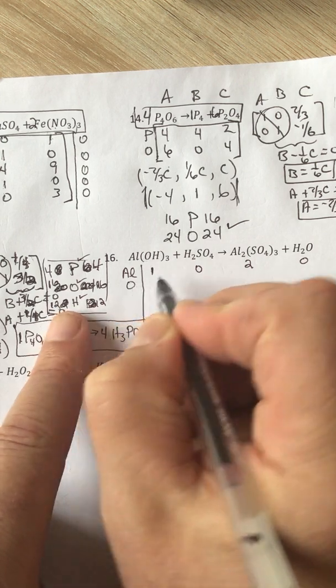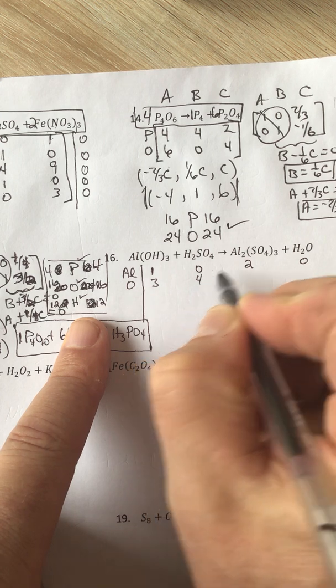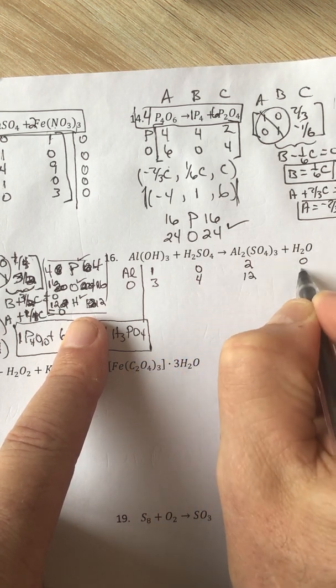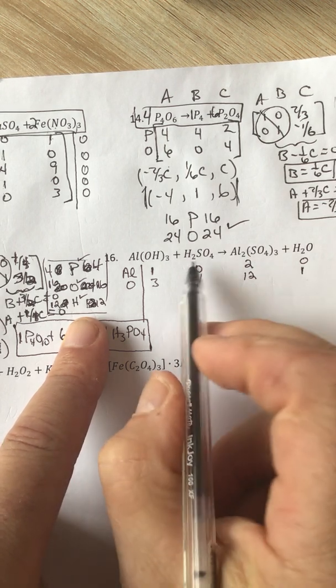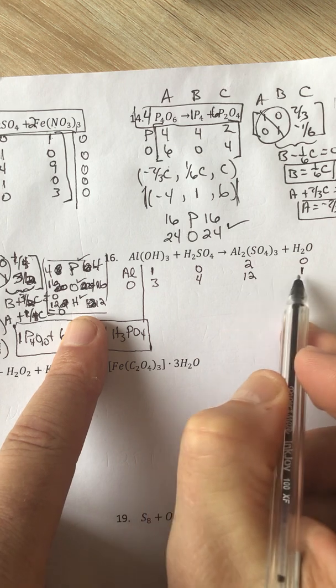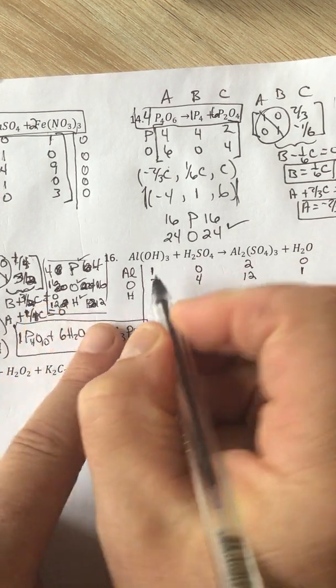Then I've got oxygen. There's a set of 3. There's 4 3 times, so that's 12, and there's 1 more. Now this would be hard to do by hand. If I've got 12 of them on this side and 13 to do on that side, that looks like a difficult one to do by hand.